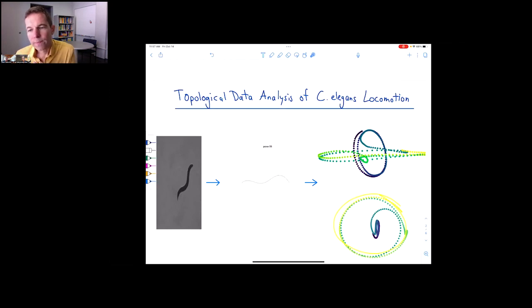The other part of the project that I didn't talk about is we used the TDA coming out of these videos to do some classification, be able to say something about the environment that the worm was moving from, just from looking at the videos.